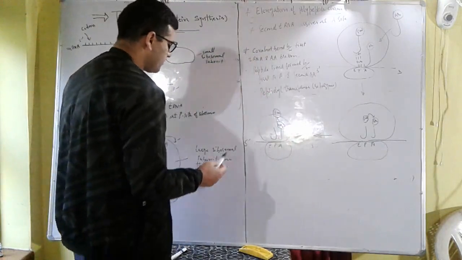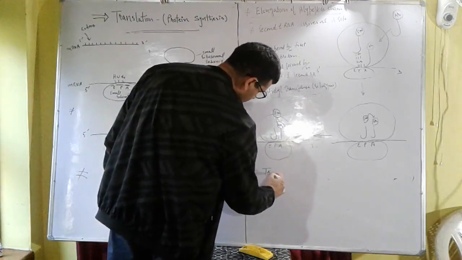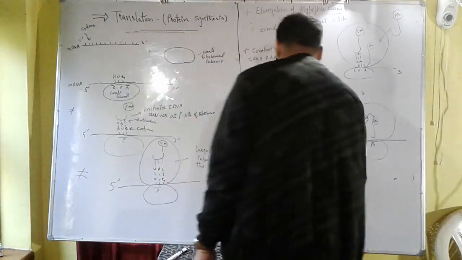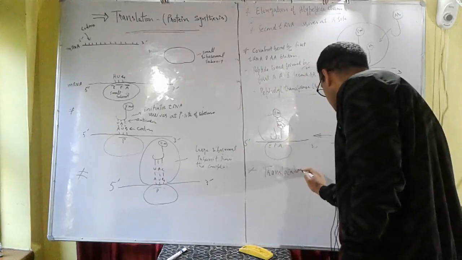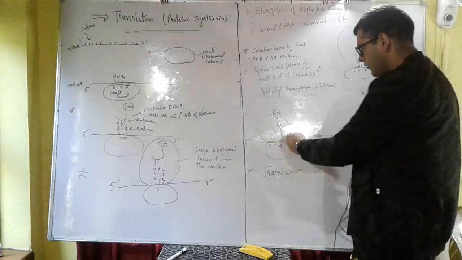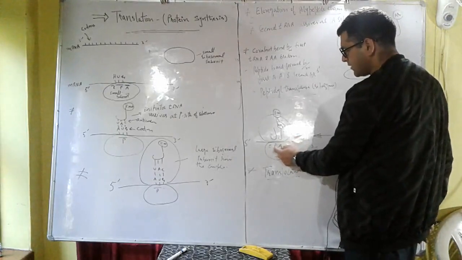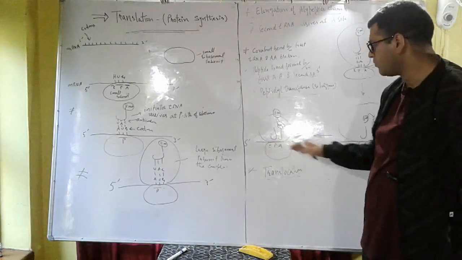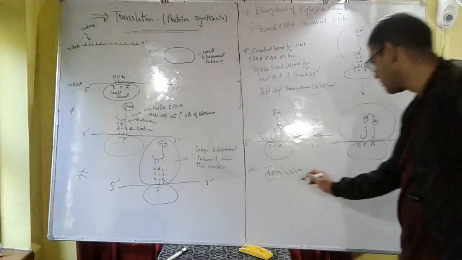Now translocation will take place. What do you mean by translocation? Translocation means the sequential movement of tRNA from A site to P site and then to the E site, coupled with the movement of codons, and that is called translocation.